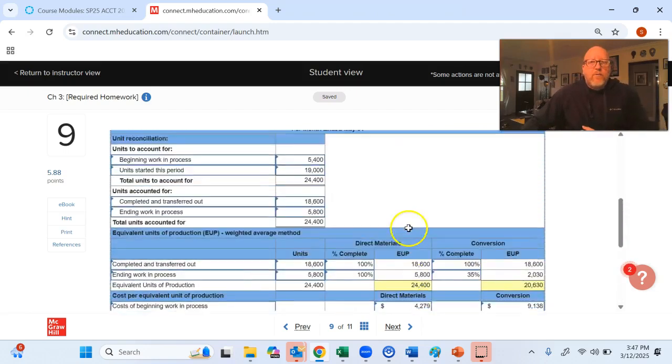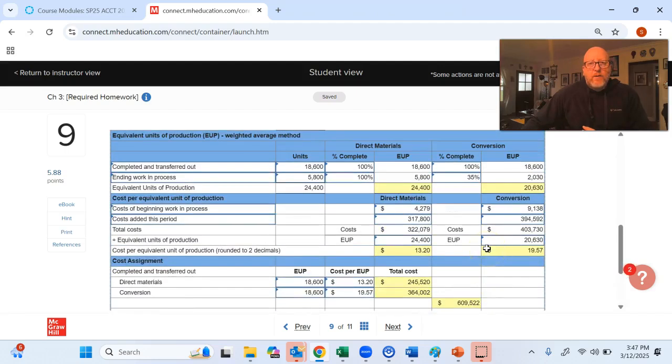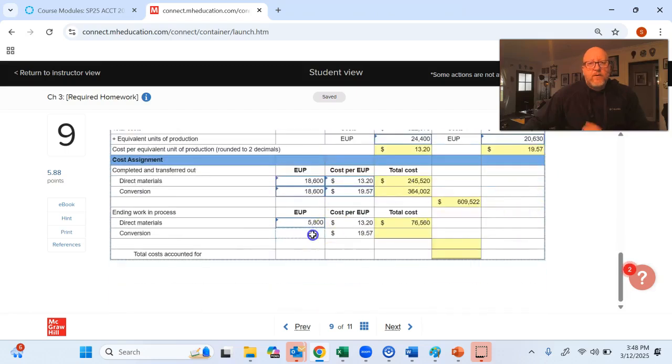And then the conversion costs, equivalent units of production in my ending work in process, 2,030.